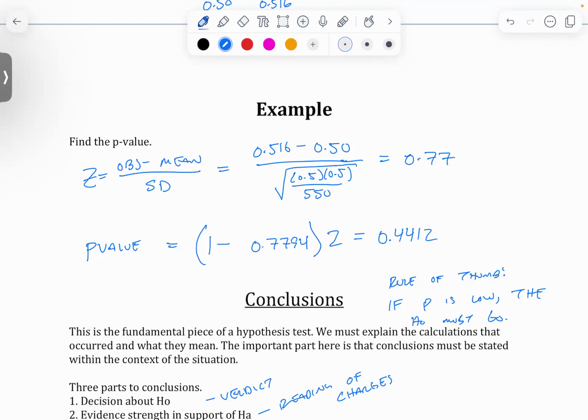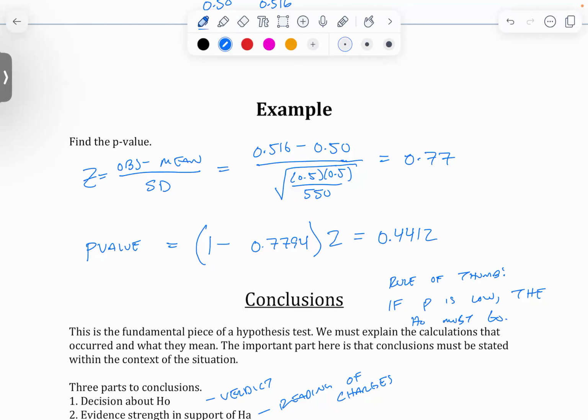So in this case, p is not low. That means the H0 is not going to go. That means this is commonly occurring. If something is commonly occurring, that means the defendant did not commit the crime, because the interpretation of the p-value is basically this: there's a 44% chance, assuming the defendant is actually innocent, given all the evidence collected, that they did not commit the crime.